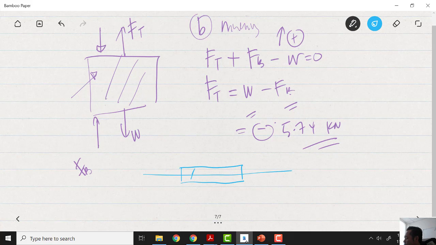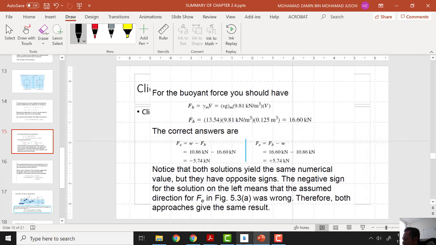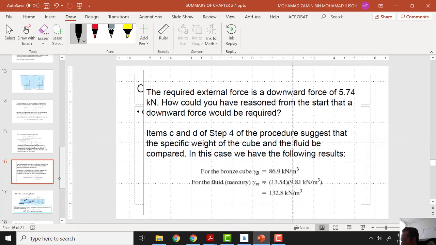The foam floats on the surface of the water. In order to submerge the foam, you need to push it in the water. The same concept applies to this kind of problem. If you want to submerge something in mercury, you need to push, not pull. So we got the answer minus 5.74.